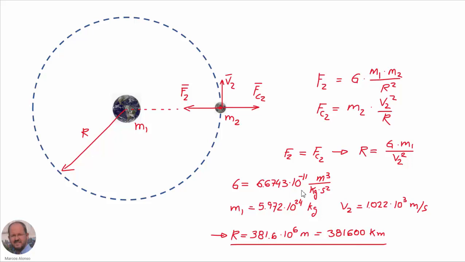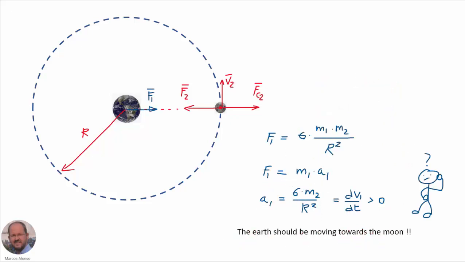So if we know these parameters, the gravitational constant, the mass of the Earth, and the speed of the Moon, then we can calculate the radius of the orbit of the Moon, which has this value here, approximately 381,600 kilometers.